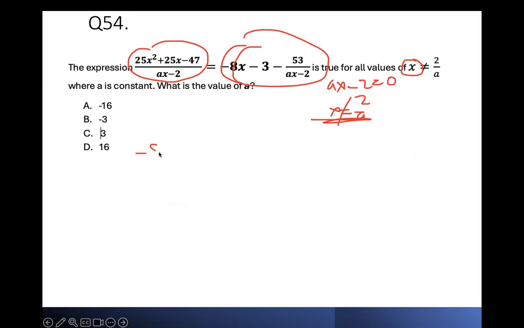So this multiplied by ax minus 2, minus 3 times ax minus 2, minus 53. The 53 is going to cancel because there is already ax minus 2. And therefore, this is what the left side of the equation is going to look like. And then you simplify it. You've got to be careful when you're simplifying it.